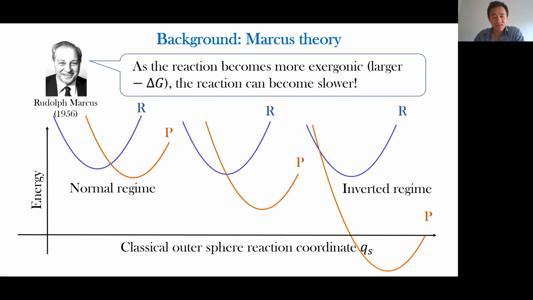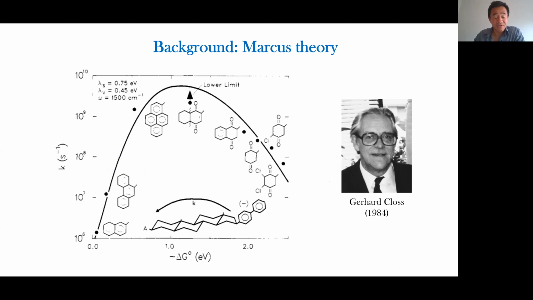And in 1984, Closs did this experiment that showed exactly what he predicted: first acceleration of the reaction with increasing minus delta G, and then deceleration. This part is called the Marcus inverted regime, because the more thermodynamically stable you make the product, the slower the reaction becomes.